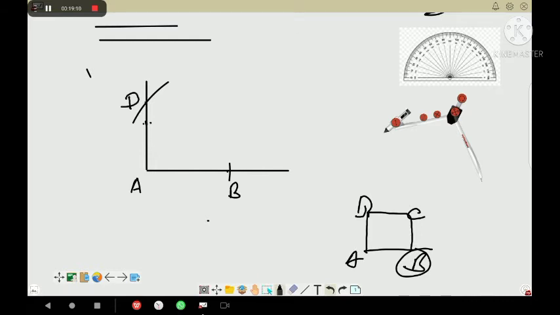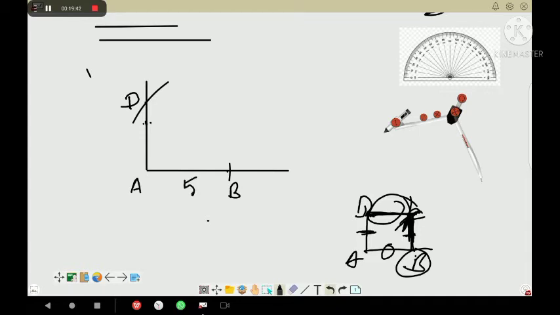Now from D as the center, we take this radius and draw one arc with BC as a radius, then we will get the point C, and we know that this BC is equal to AB. That means it is also 5 centimeter.